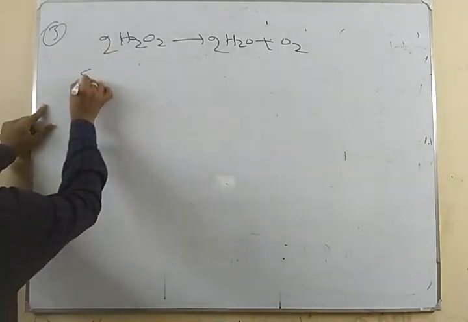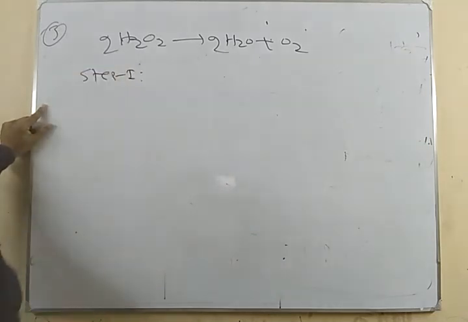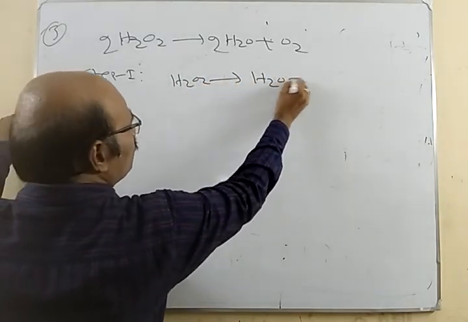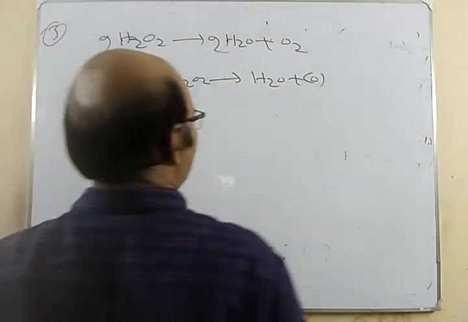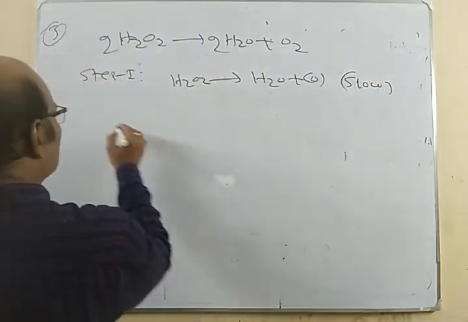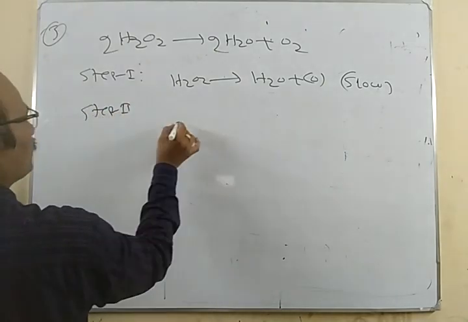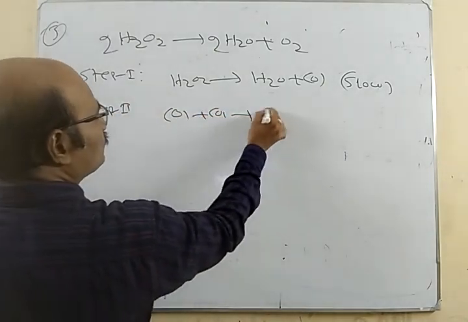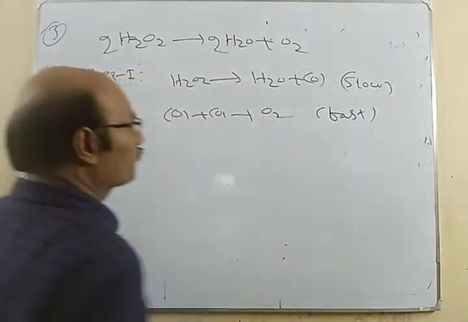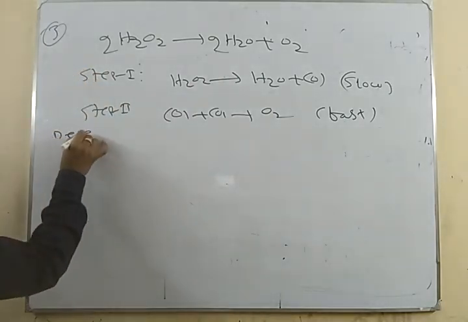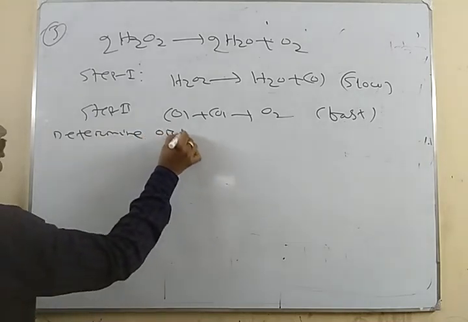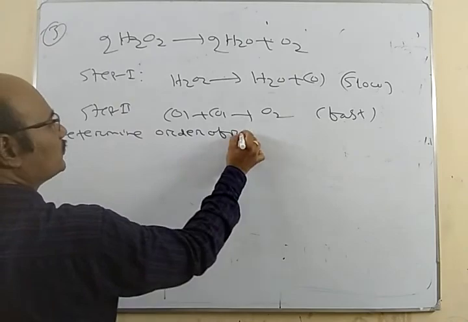Step 1: H2O2 gives H2O plus O, slow. Step 2: O plus O gives O2, fast. Determine the order of the reaction.